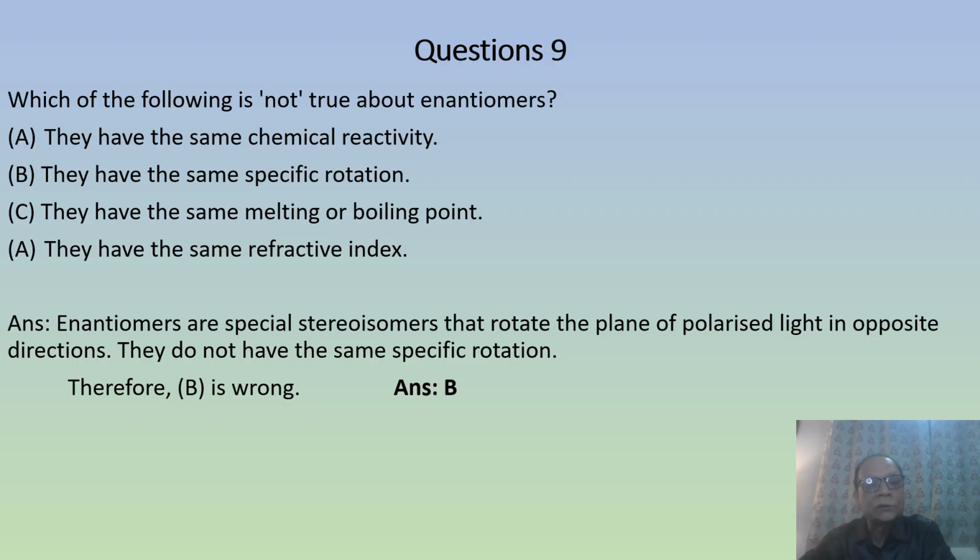It says they have same specific rotation. The angle through which they rotate the plane polarized light may be equal, but since it is either to the left or to the right, we cannot say that they have same specific rotation. The answer is B. I hope you got it correct.